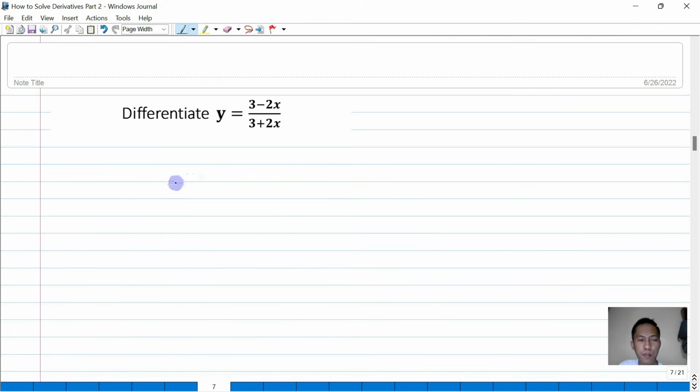So we have this next problem, guys. Differentiate y is equal to (3 minus 2x) all over (3 plus 2x). So this problem involves quotient. So this is your quotient rule. So we have this quotient rule, guys.